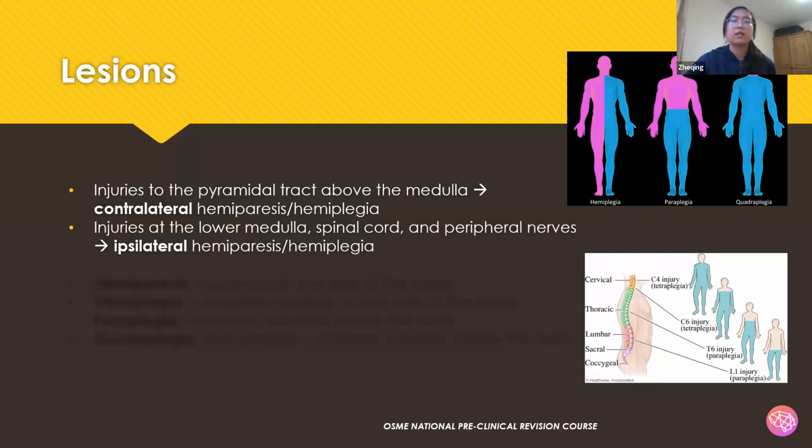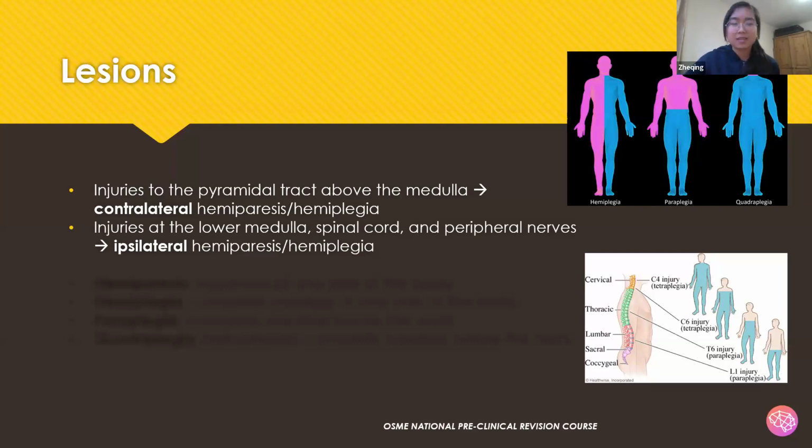Whereas if you get a lesion below the level of decussation in the lower medulla, in the spinal cord or in the peripheral nerve, then you get an ipsilateral hemiparesis or hemiplegia.